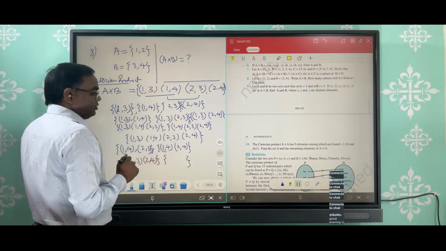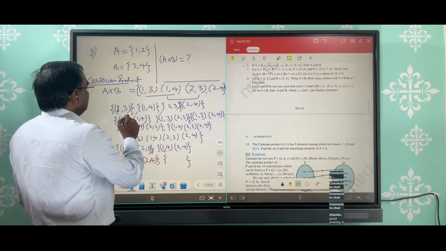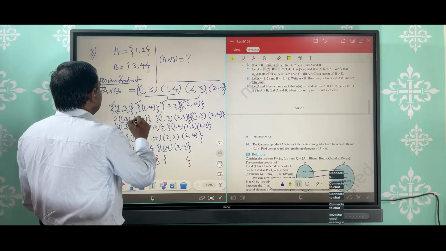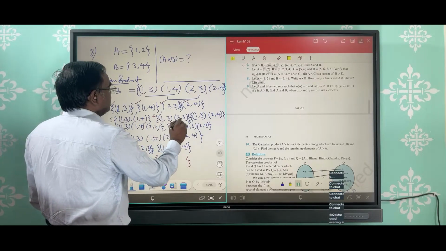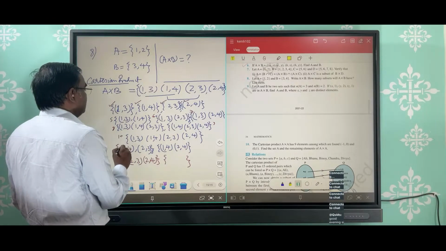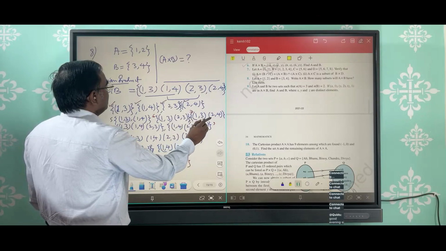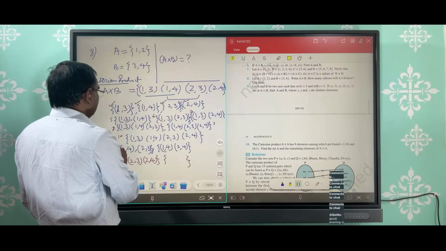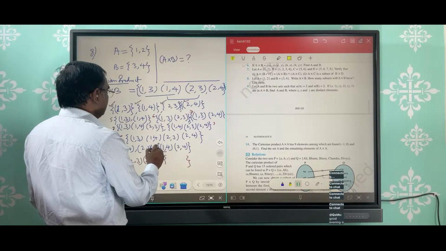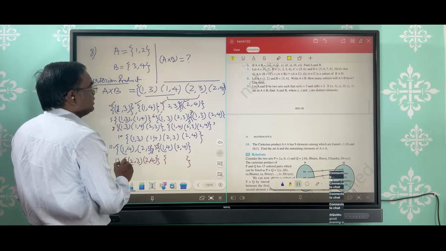Let us count again: 1, 2, 3, 4 single-element subsets, 5, 6, 7, 8, 9, 10 the pairs: (1,3) (1,4), (1,3) (2,3), (1,3) (2,4), (1,4) (2,3), that is 11, (1,4) (2,4), that is 12, and (2,3) (2,4). That is 13.